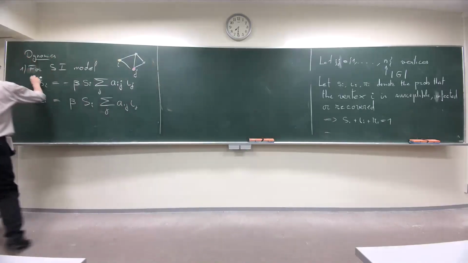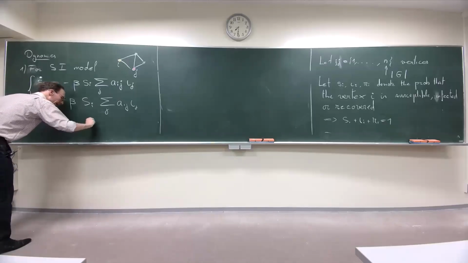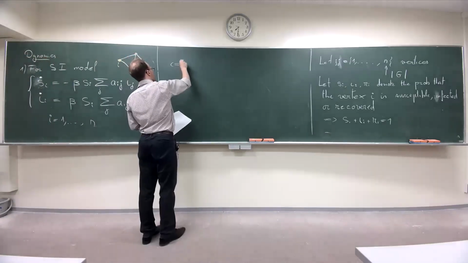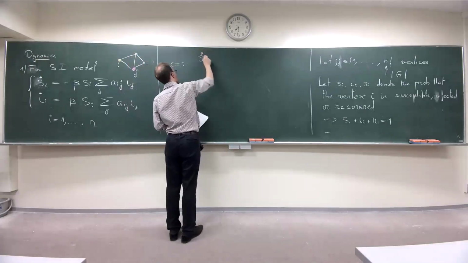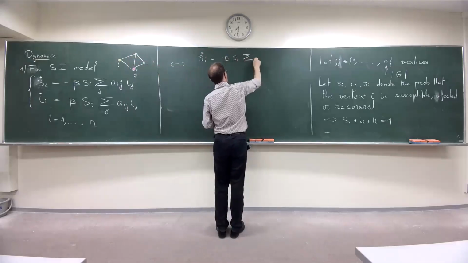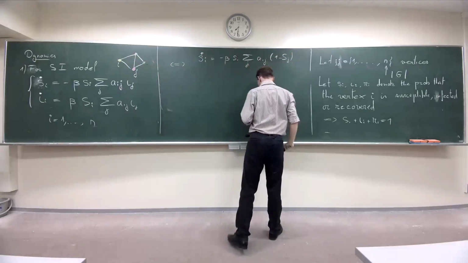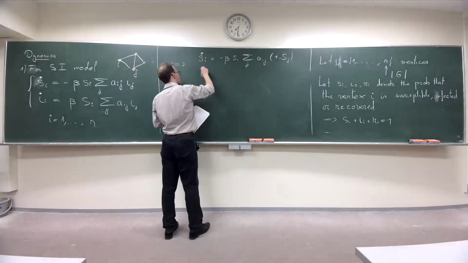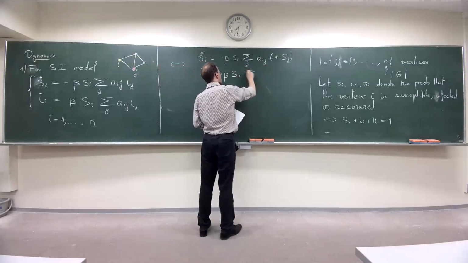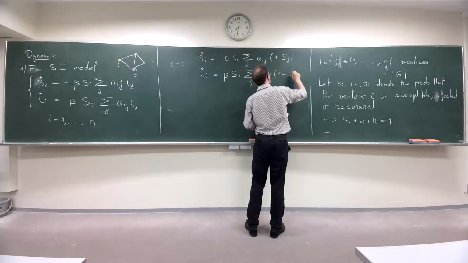This is now a system of equations, and be careful, this is for I from 1 up to n. So in fact, you have 2n equations. This is equivalent to the following system. S derivative I is minus beta Si sum over j Aij (1 minus Sj). And the same for iota derivative at the vertex I: beta Si sum over j Aij (1 minus iota j).